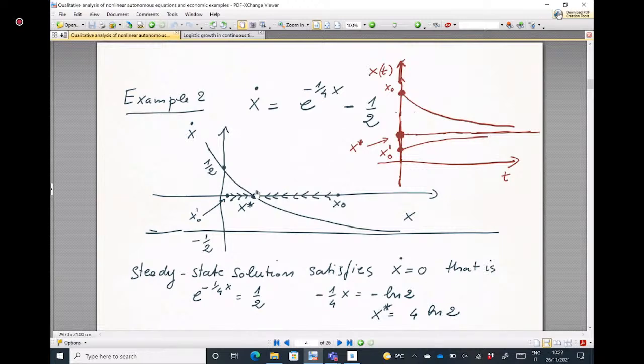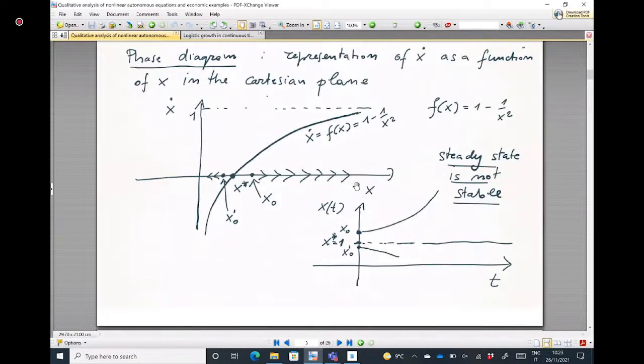So basically what happens here is that when you are on the right, the derivative is negative. And when you are on the left, the derivative is positive. That is, the function must be decreasing. Okay? Must be a decreasing function, basically. Here, when you start on the right, the derivative is positive, and when you start on the left, the derivative is negative, which means that our graph is increasing.